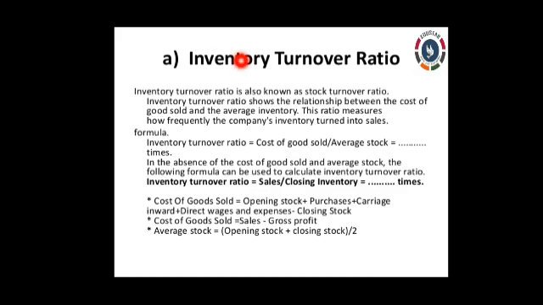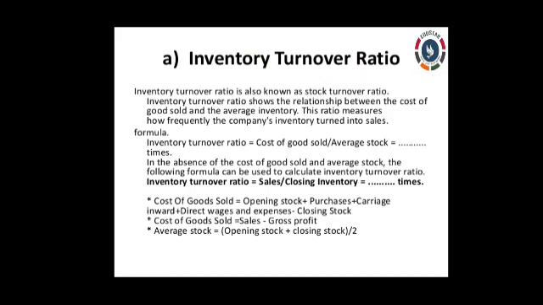First one, inventory turnover ratio, otherwise called stock turnover ratio. This ratio determines the number of times the stock is converted into revenue. Revenue in the sense of cash, in the sense of sales.